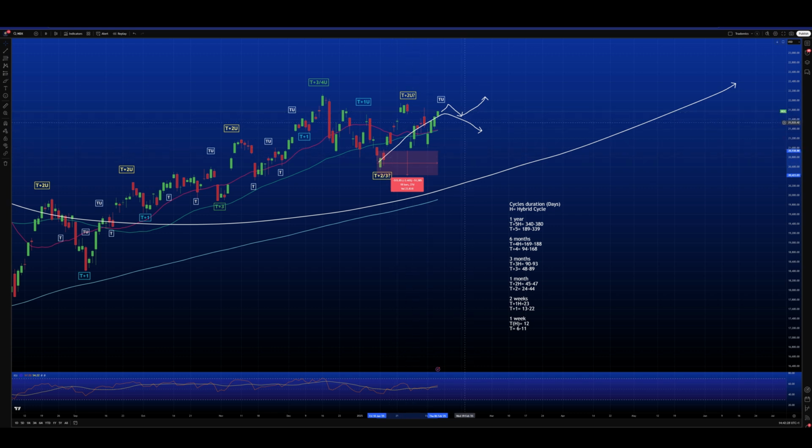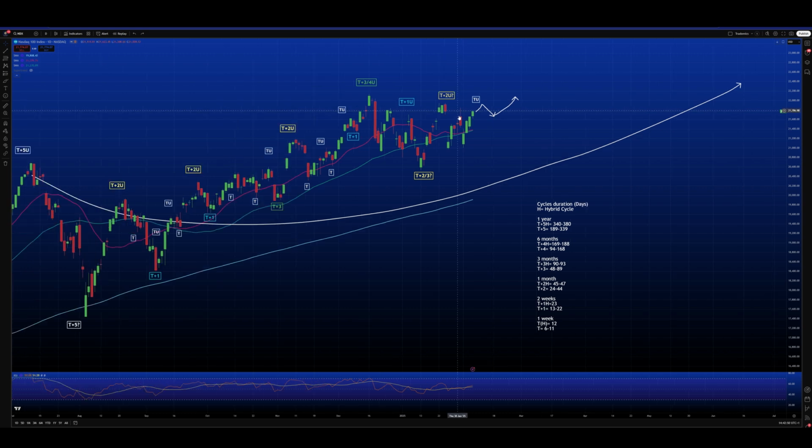Or if the downtrend lasts the entire next week, then we will have time even to close a T plus 2, because a T plus 2 needs at least 24 bars. Here we have 18, so we would need 6 days more of downtrend or a steady state situation in which the cycle can be completed. So without complicating things too much, be careful next week, especially from Monday onwards, at least a couple of days of retracement.